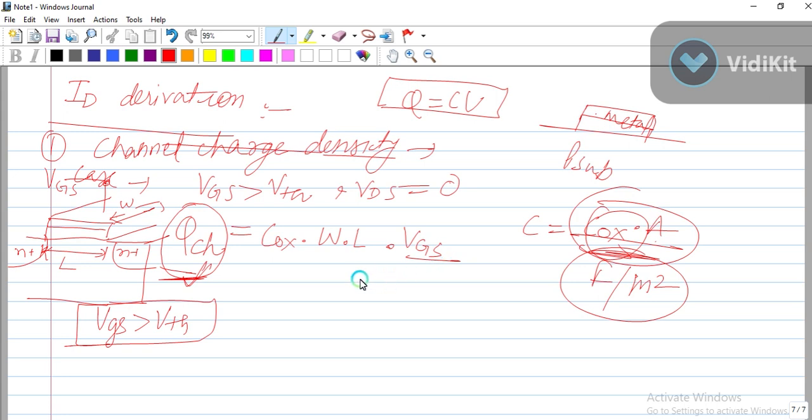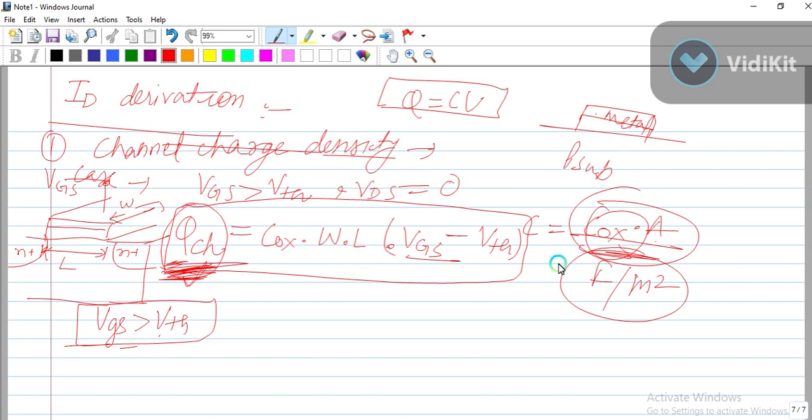So if we use VGS alone, the channel charge would not be zero when it should be, so we should use something else. If VGS is equal to VTH, that time also the channel charge will be 0. So we can use VGS minus VTH. This is the channel charge that we got, the first equation.